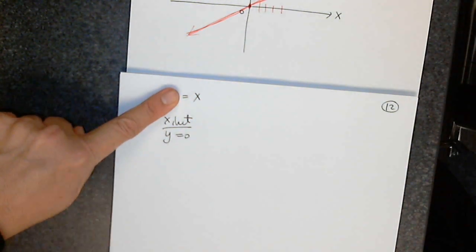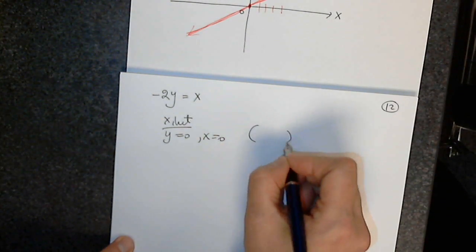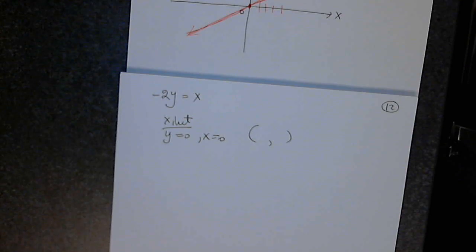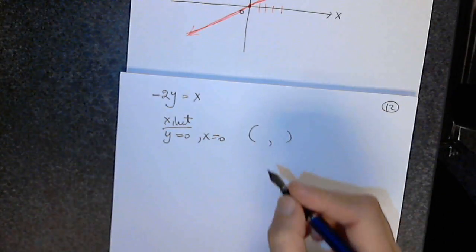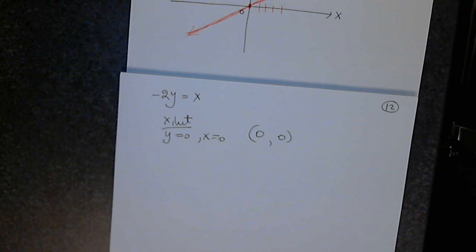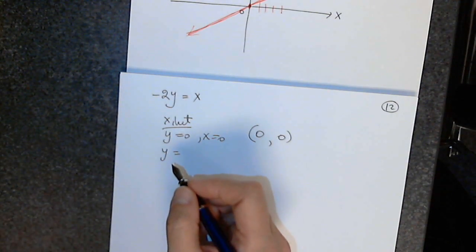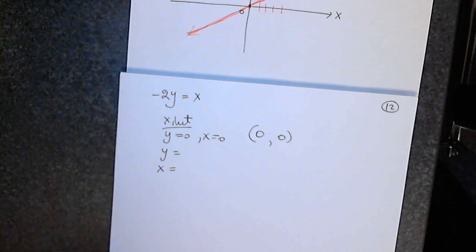So how much is x? What is the ordered pair that I just determined at this step? 0, 0. Good. Therefore, the line passes through the origin. The x and y intercepts are the same point. I need another point. So it's up to you. You can say y equals, or you can say x equals, but not both.